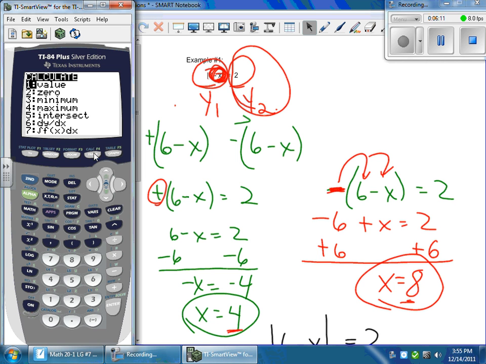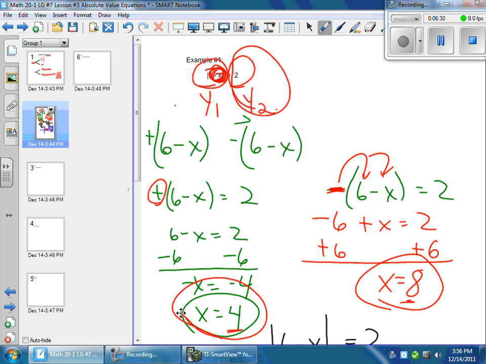Second, calc, find the intersect, 5. Move closer to this intersection, right about there. Hit enter, enter, enter, and it's going to say guess, and there it is at 8, 2. So 4, 2 and 8, 2 are your answers, and that's how you do it.